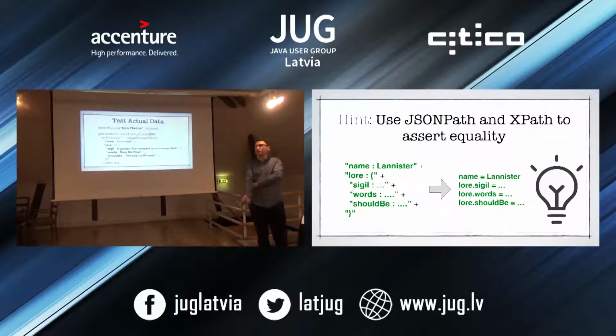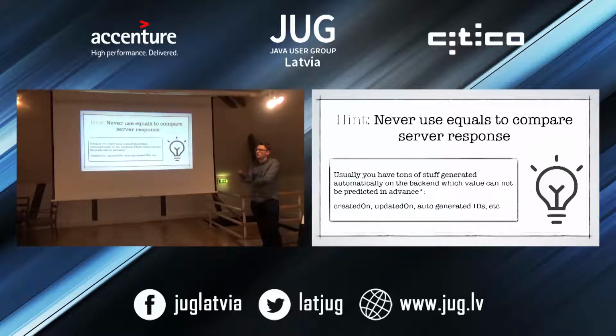But here goes the tricky part, that we should not test the quality of server responses with the requests that we're sending. Why? Because there could be properties that are generated on the server, as there is no way for us to know what kind of information they will provide. Like created on, updated on, generated IDs. How can we get to them?